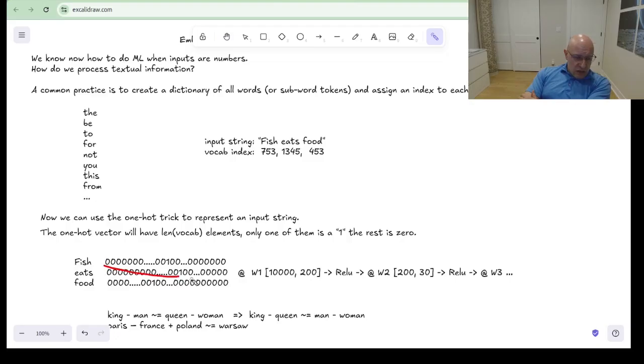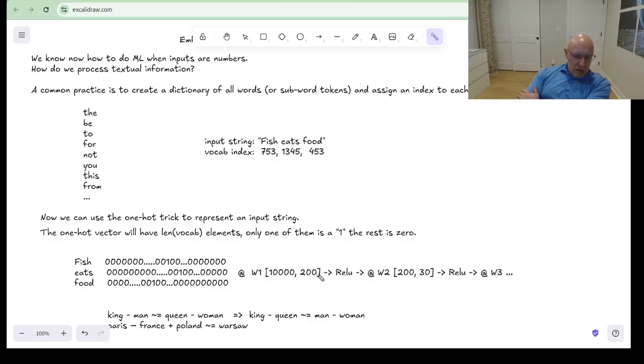So let's say I did this, and then I would do a matmul with the first layer of my model, where I would have 10,000 rows and 200 outputs. For each input, we take 10,000 words and compress it to just 200 features.